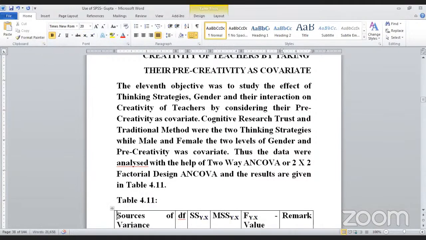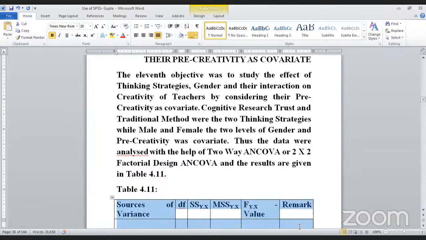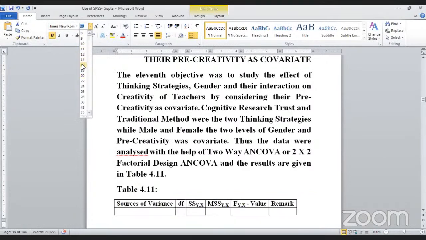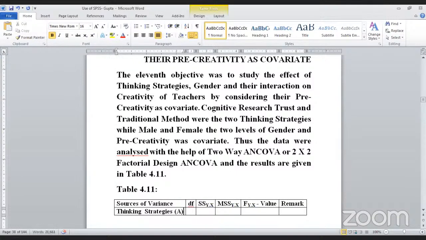So let me change the font size a little bit. So here is thinking strategies, and if I call it A, then B is my gender.